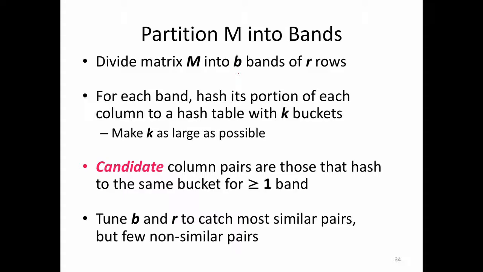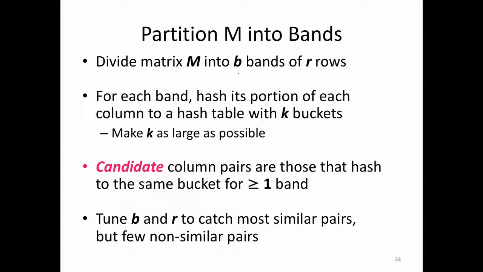So here this is what we are doing. For 2 columns, there are b bands, so there are b buckets this column will be mapped to. Each bucket is constructed by a signature of size r, so r integers define this bucket.